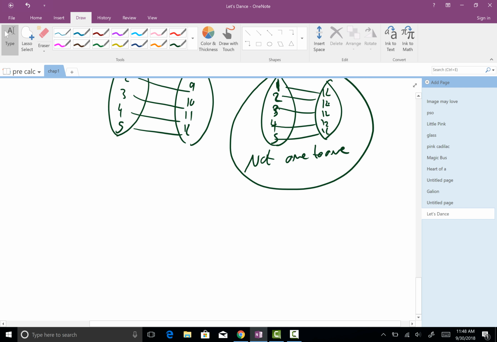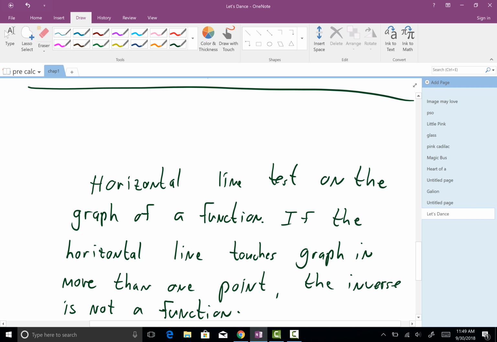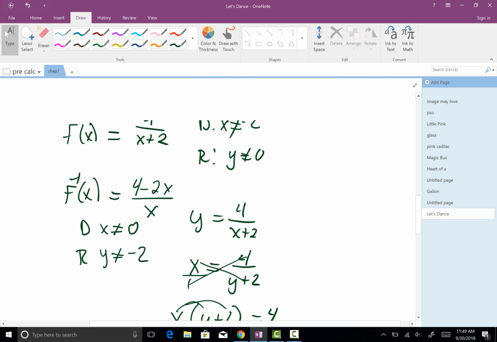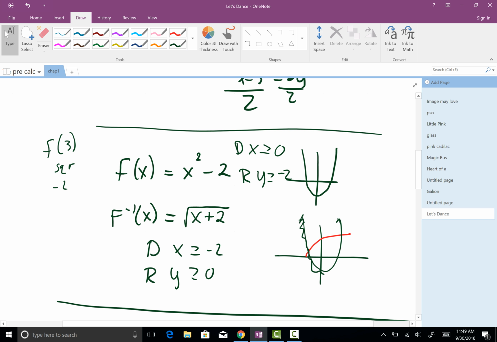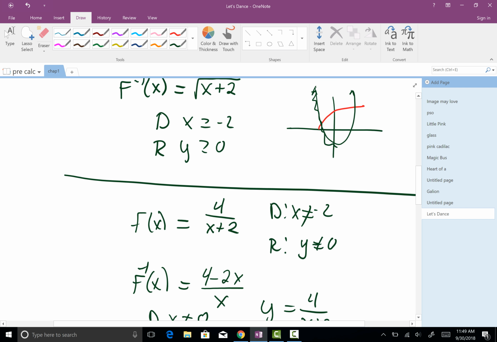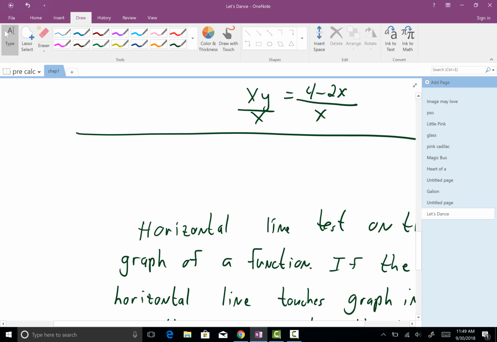One other thing I noticed I didn't get to cover here. Let's go back up to one of our functions, we could do this one, x squared minus 2, and the square root of x plus 2.